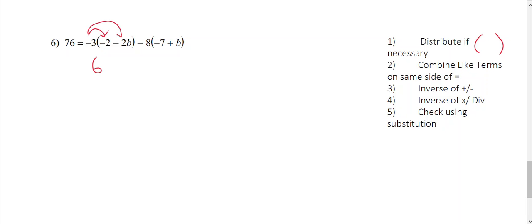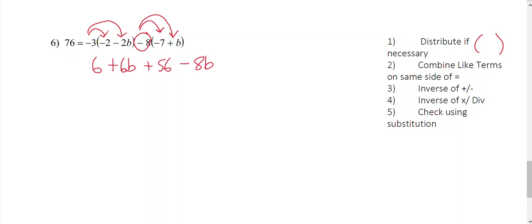Negative 3 times negative 2 is positive 6b. Now I'm distributing negative 8. Negative 8 times negative 7 is positive 56. Negative 8 times positive b is negative 8b.